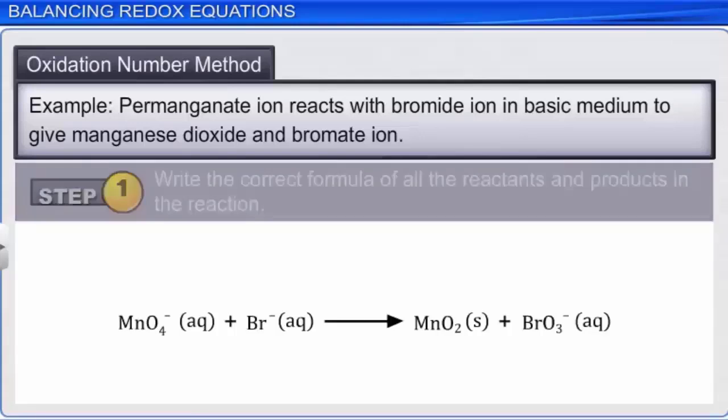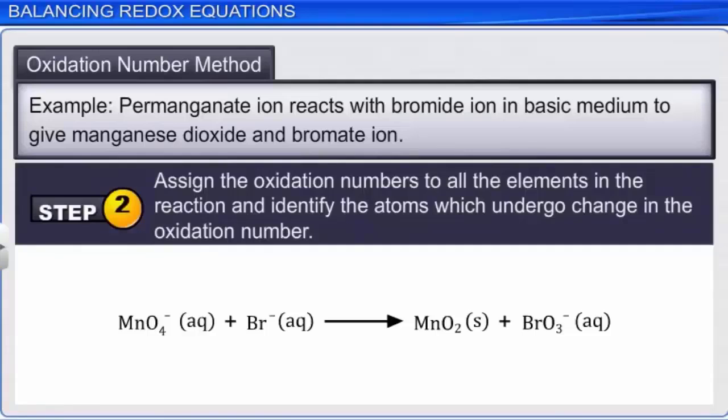The second step involves assigning the oxidation numbers to all the elements in the reaction and also identifying the atoms which undergo change in the oxidation number. We note that in polyatomic ions, the sum of the oxidation numbers of all atoms in the ion is equal to the charge on the ion.